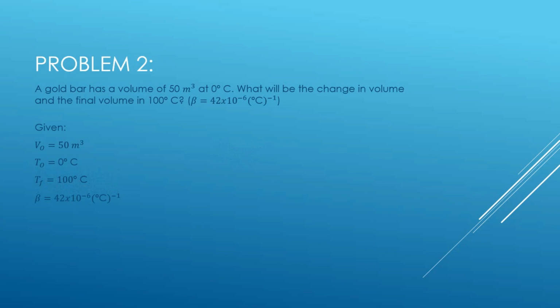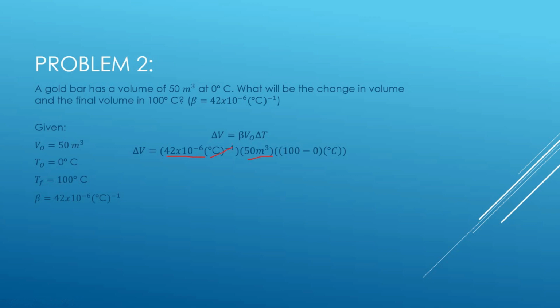Okay, now, using the formula, as said earlier, change in volume is equal to beta times initial volume times change in temperature. Then substitute that with the given. So you multiply this variable with this.